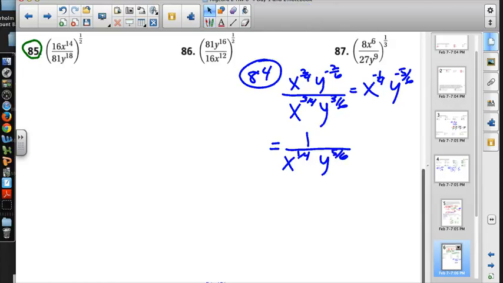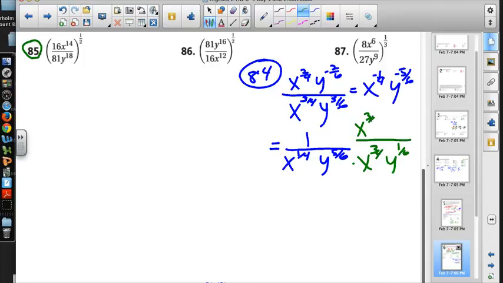And this one, you notice, wait a minute, if I leave it like that, I am going to have the 4th root down there, I'm going to have the 6th root down there, and I can't have that stuff going on in the denominator. So I'm going to multiply by x to the 3/4, so that I'll have an x to the 1st in my denominator, and a y to the 1/6. But whatever I do to the bottom, I have to do to the top.